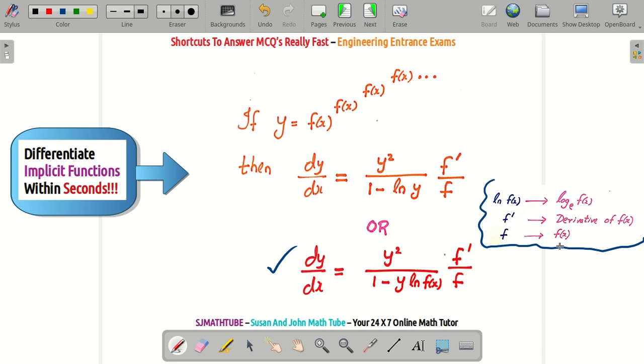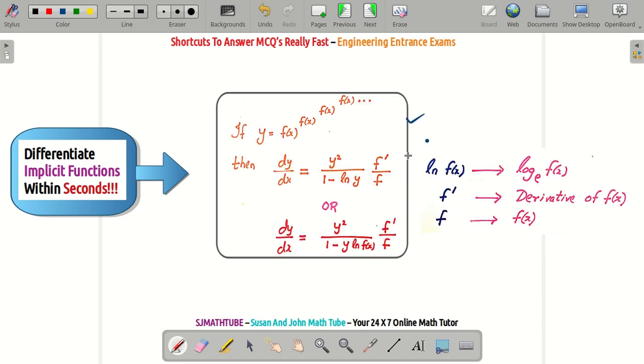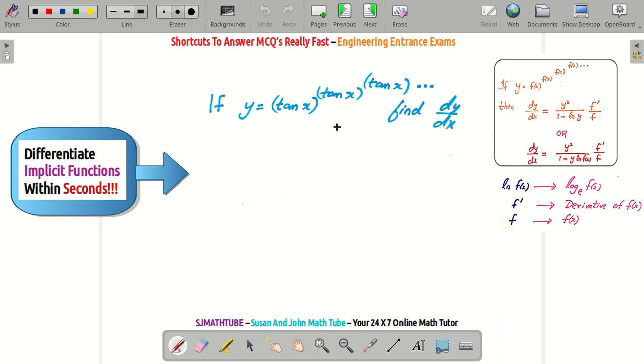So let's check one question related to this format, and that will be the last question in this video. So let's move ahead. Yeah, we have this. y is equal to tan x to the power tan x to the power tan x to the power tan x to the power tan x dot dot dot. It goes on like this.